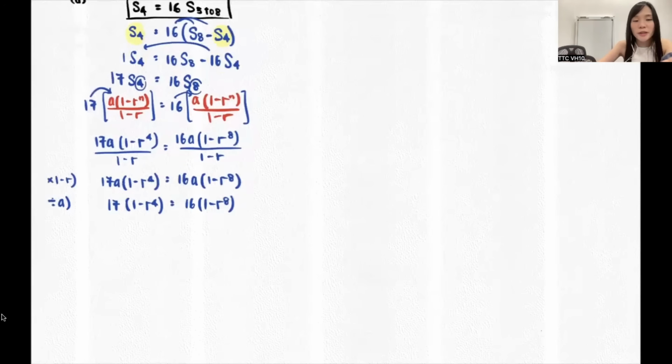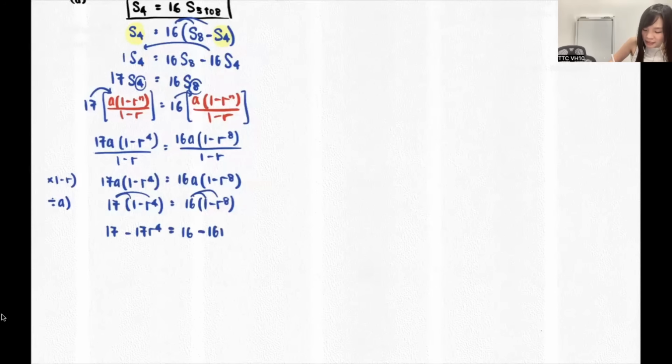So my dear, there are a lot of ways to do it, but now I'm doing it the way the marking scheme shows. So you guys can open the bracket. 17 times 1 is 17. 17 times R power 4 is 17 R power 4. 16 times 1 is 16. 16 times R power 8 is 16 R power 8. So this is what I get. Then what can you do? You should combine all of them into one side.